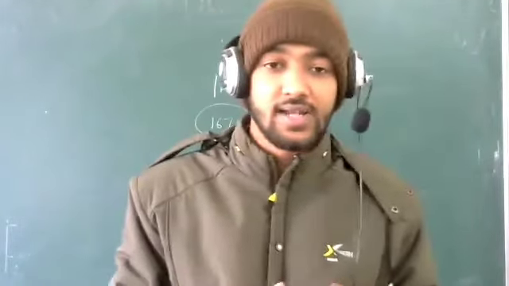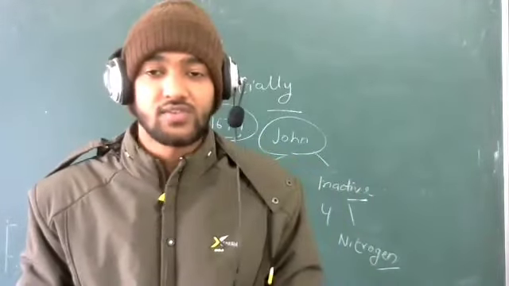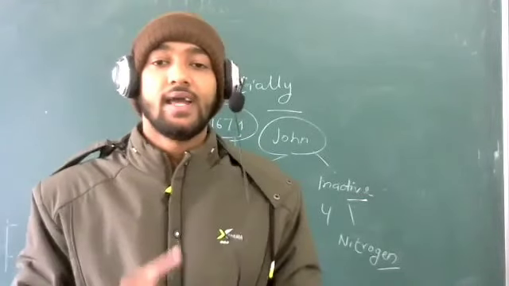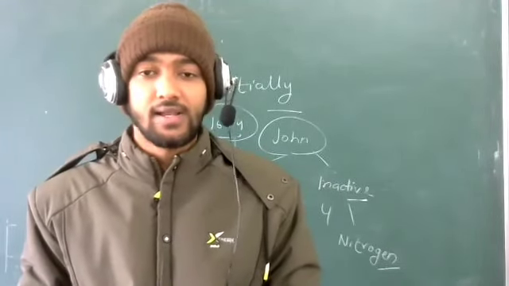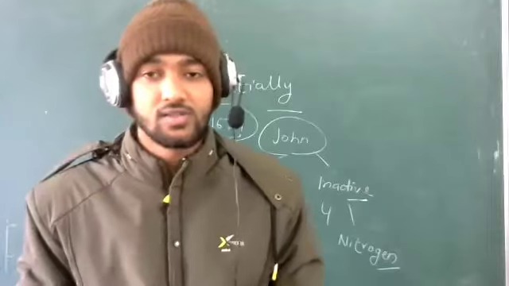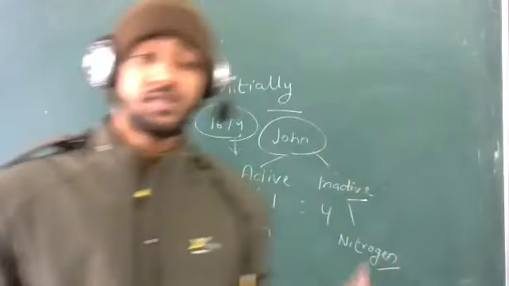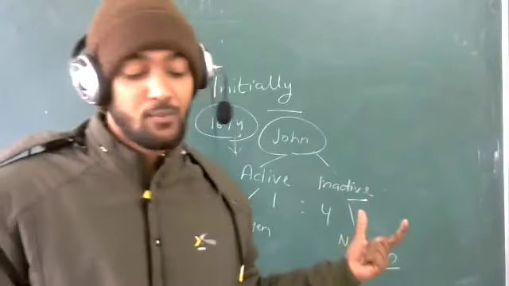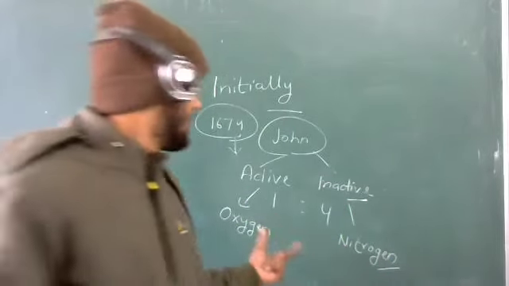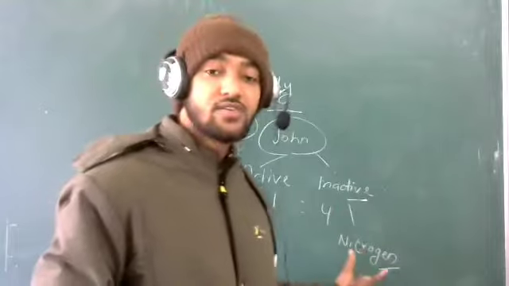So first, air was considered an element. Second, a scientist came and said that air is made up of two components, active and inactive. Then the third scientist, Lavoisier, said that the ratio is 1:4, and the active component is oxygen, the inactive is nitrogen.